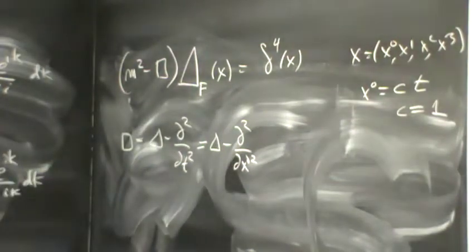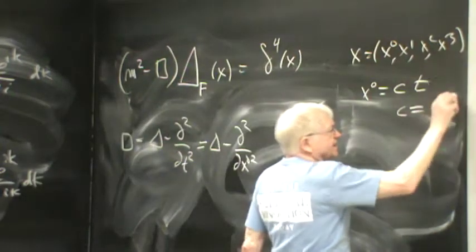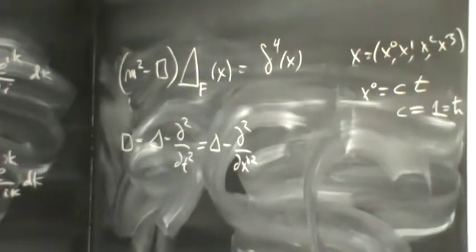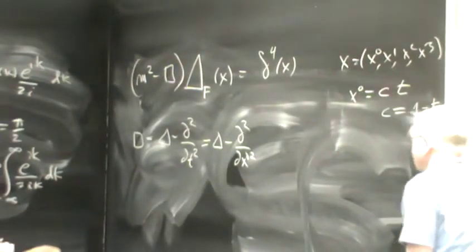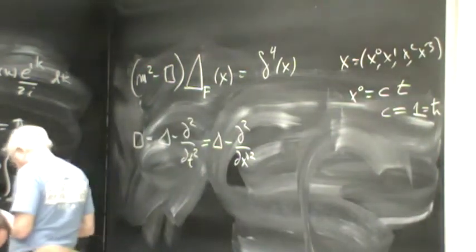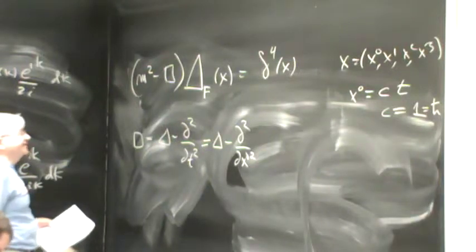If you put in c and h bar, then everything gets complicated. It just gets really sort of messy. So we're using what I call natural units, where h bar and c are 1. Okay, I guess that's that.